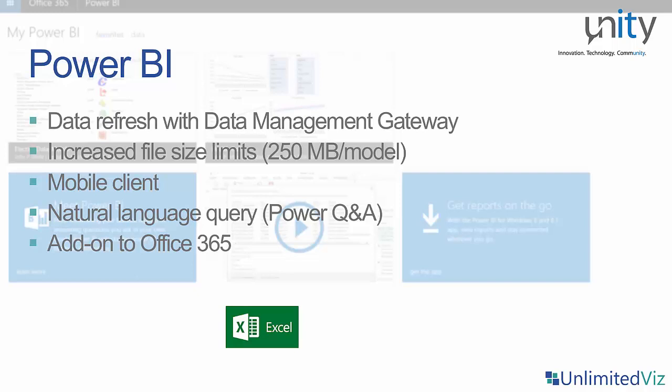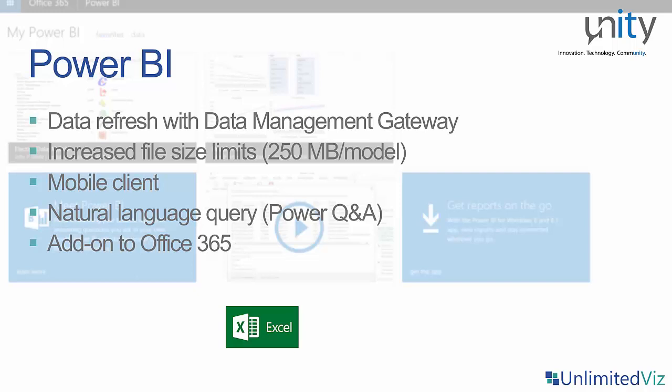Power BI also has a mobile client available. It essentially is a window on top of Excel Services in Office 365, and it brings to the fore all of your analysis objects like pivot charts and pivot tables, etc. It also has probably the sexiest offering in Power BI, which is Power Q&A, and that's the ability to ask questions of your data in plain English, and English only right now.